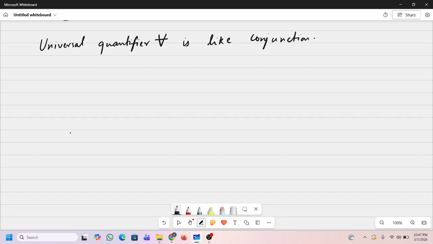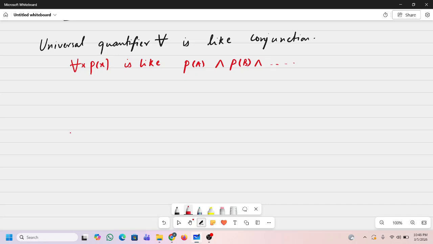If I write for all x P(x), basically this is like saying P(a) and P(b) and so on. Why? Because for all x means P(x) is true for all values of x, which may be a, b, c, d, so everything should be true, and therefore it should be a conjunction.